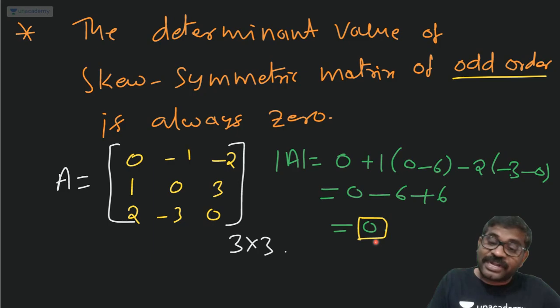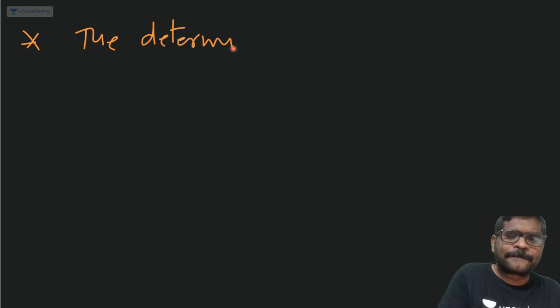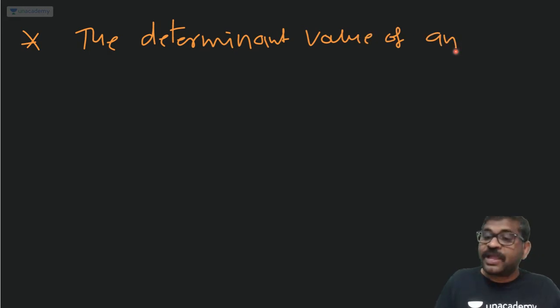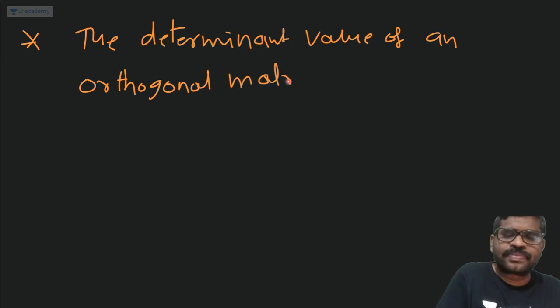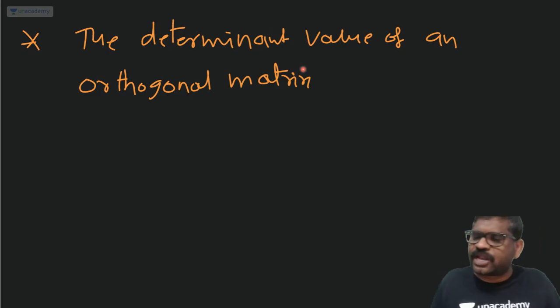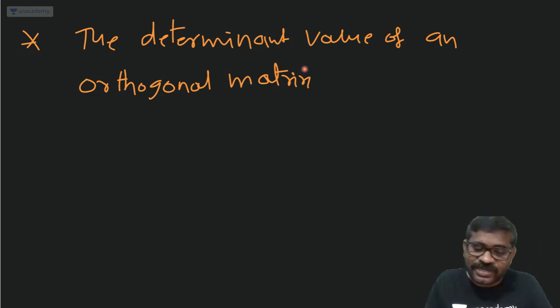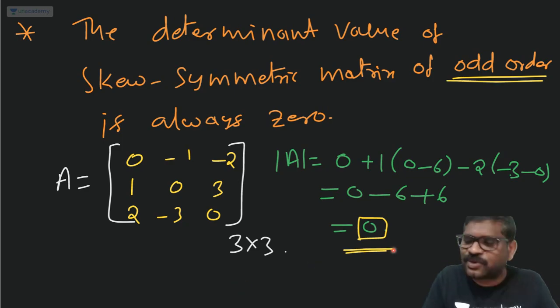The determinant value of an orthogonal matrix. Raju, I have given the property for odd order, meaning odd order is always 0.